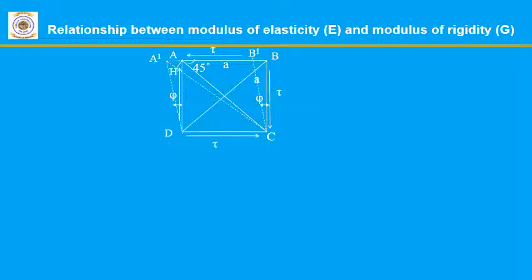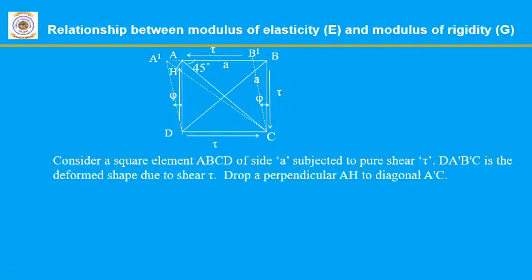Next we are going to derive the relation between the modulus of elasticity and the modulus of rigidity. To derive this relation, let us consider the square element ABCD, which is subjected to pure shear stress. Due to the application of this shear stress, a deformation takes place.